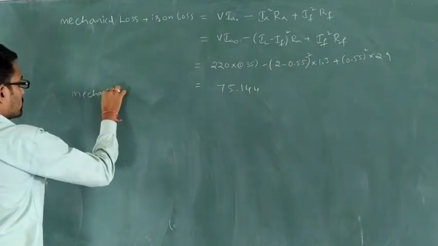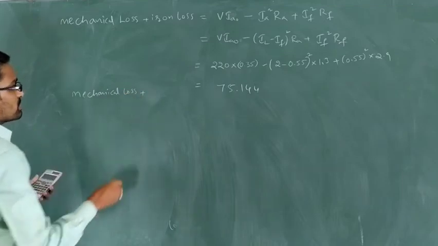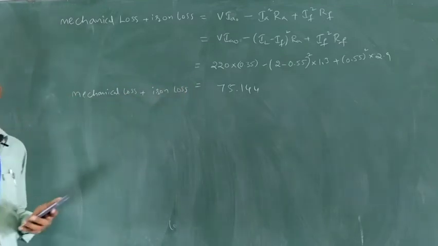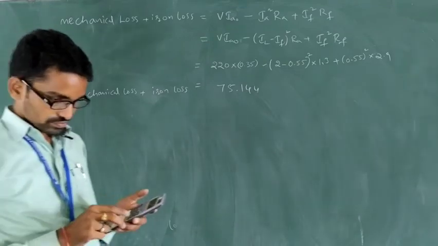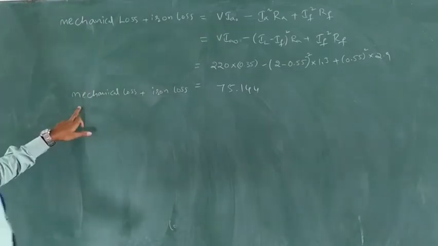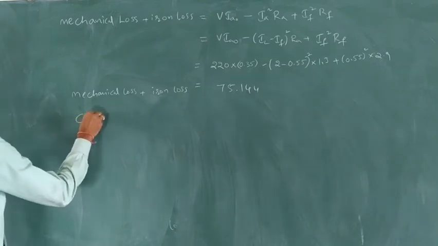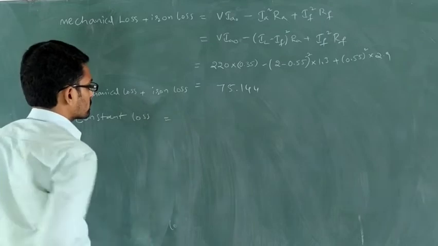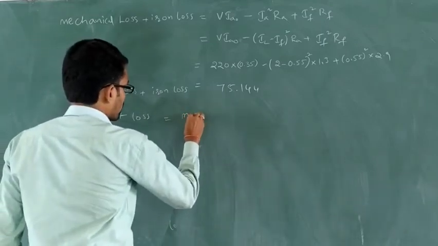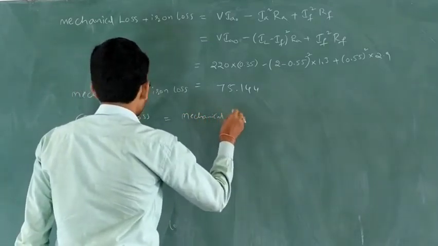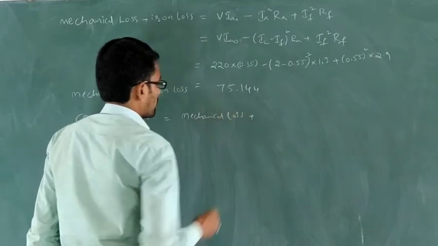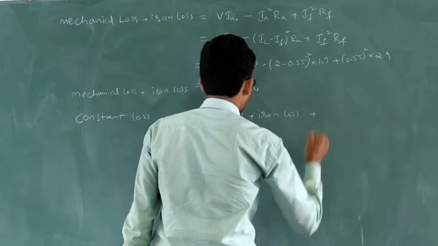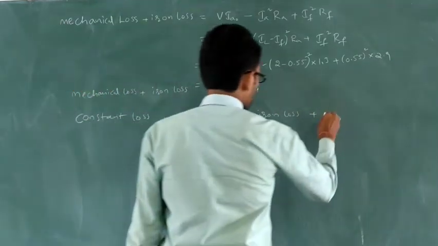mechanical loss plus iron loss. And then the total or constant loss: constant losses is mechanical loss plus iron loss plus field copper loss.